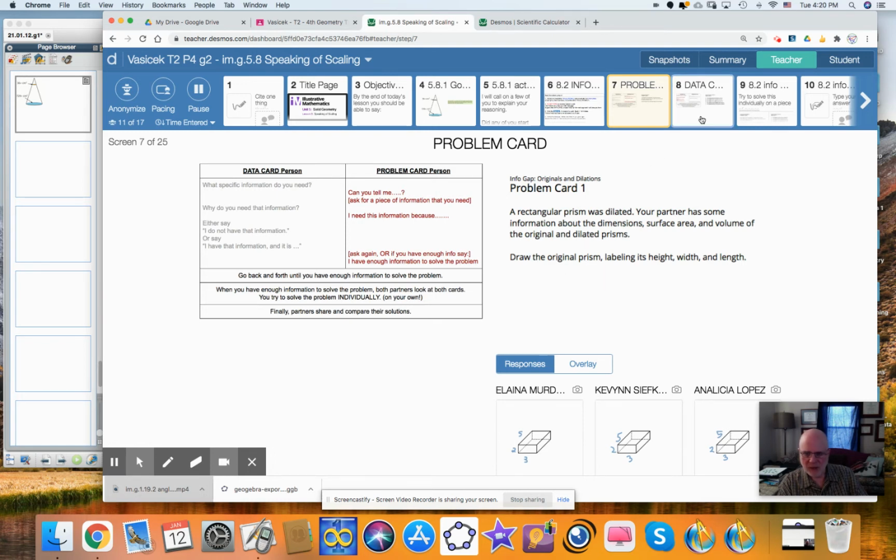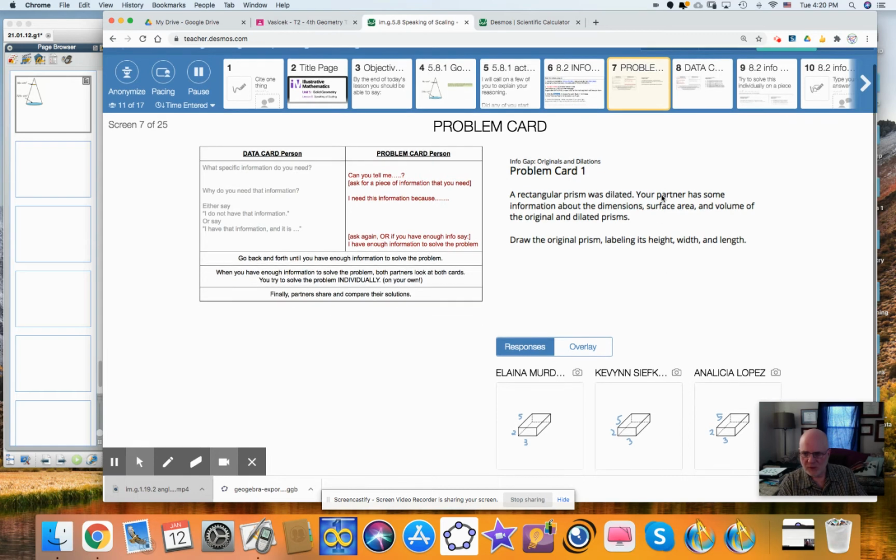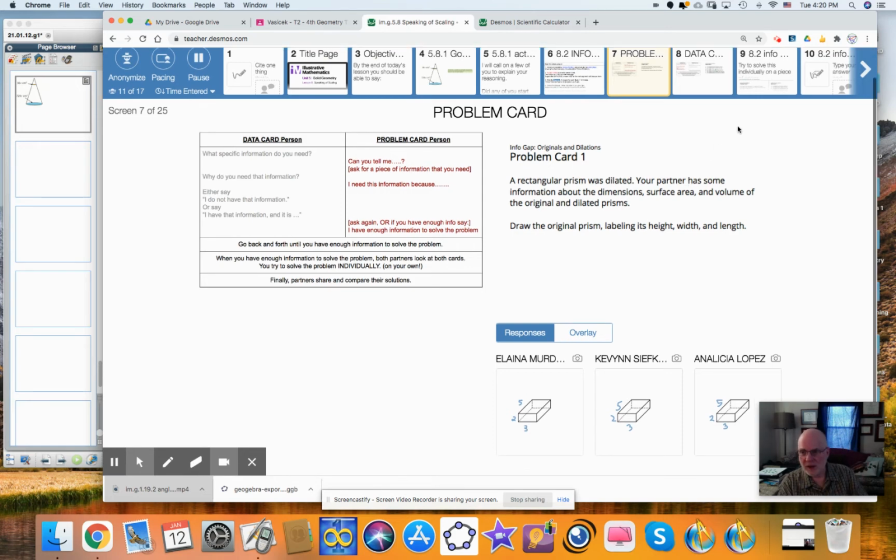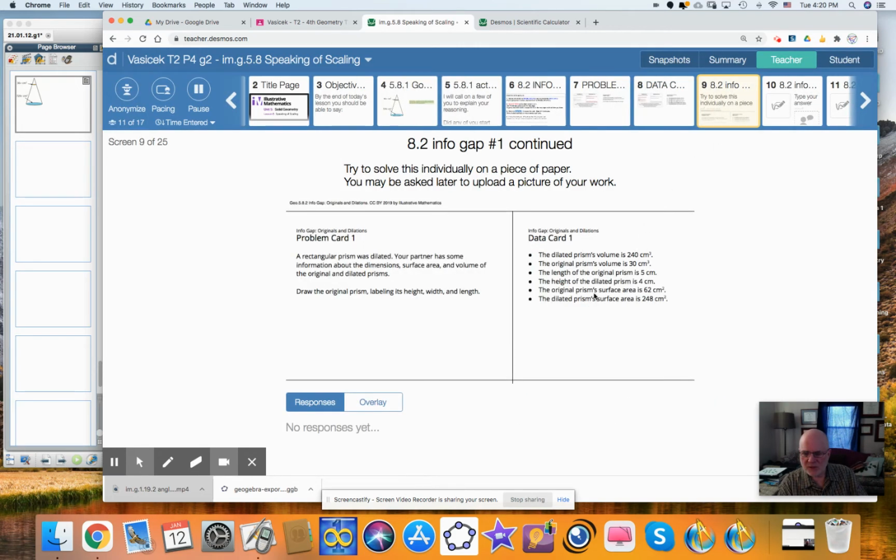And among some of the questions that they asked were, do you know the length of the original? Do you know the width of the original? Do you know the height of the original? And then they said, do you know the length, width, and height of the dilated one? And I can only answer them with what was given on the data card.